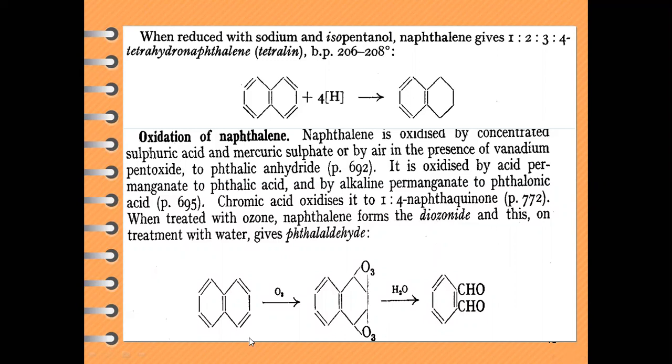This will be the reaction when naphthalene is oxidized with ozone. Naphthalene produces ozonide, which is an intermediate product, and when this ozonide is washed with water, it gives us naphthaldehyde. So this will be the second reaction with respect to naphthalene.